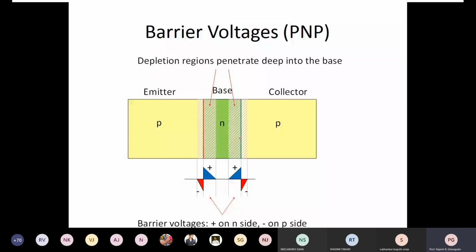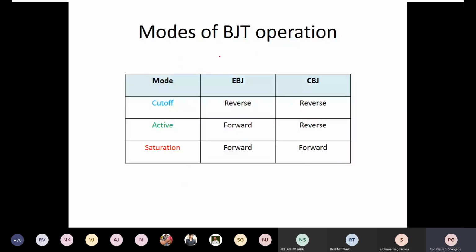Now there are three modes of operation of BJT: we have the cutoff, the active, and the saturation. Each one of them will be achieved with specific combinations of the biasing of the emitter base junction and the collector base junction.